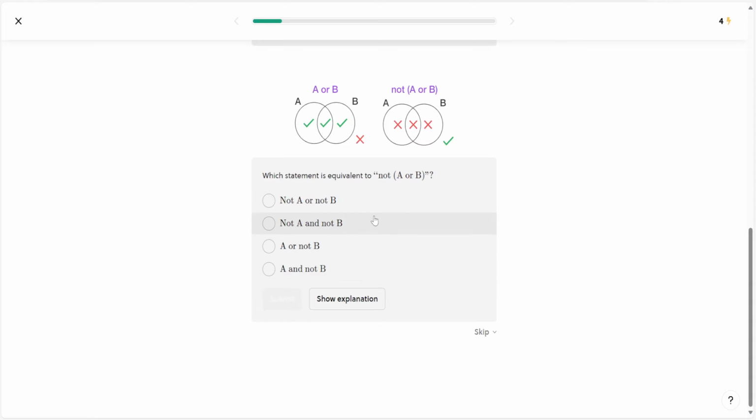Which statement is equivalent to not A or B? Not A or not B. Not A and not B. See, this just does not look right to me, this diagram doesn't. That is not what the previous group of questions was showing.